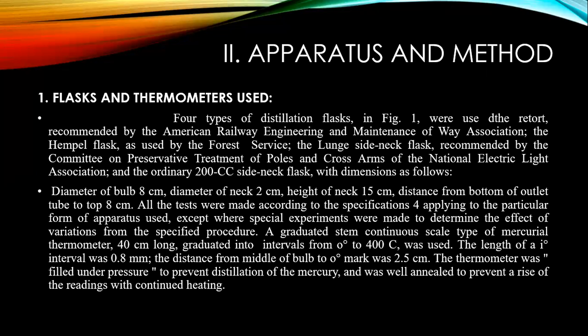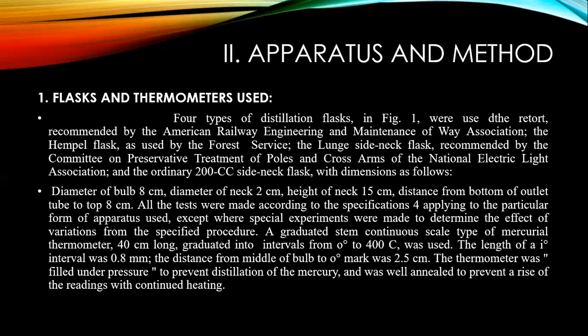All the tests were made according to the specification applying to the particular form of apparatus. Special experiments were made to determine the effect of variation from the specified procedure. The graduated stem continuous scale type of micro thermometer, 40 centimeters long, graduated into intervals from 0 degrees to 400 degrees, was used.